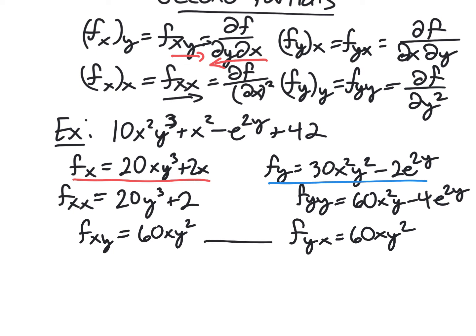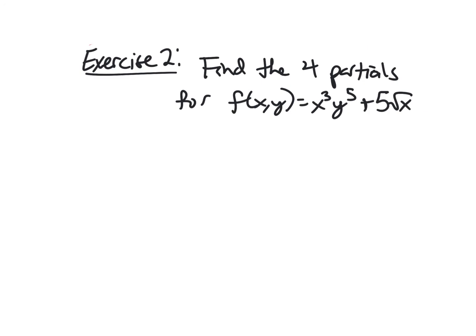And this is no accident. In fact, so long as you have nice functions, these are always going to be equal and the order will not matter. All right, so for your second exercise, I want you to find the 4 second partial derivatives for this function, right? So you should be looking for fxx, fxy, fyx, and fyy.